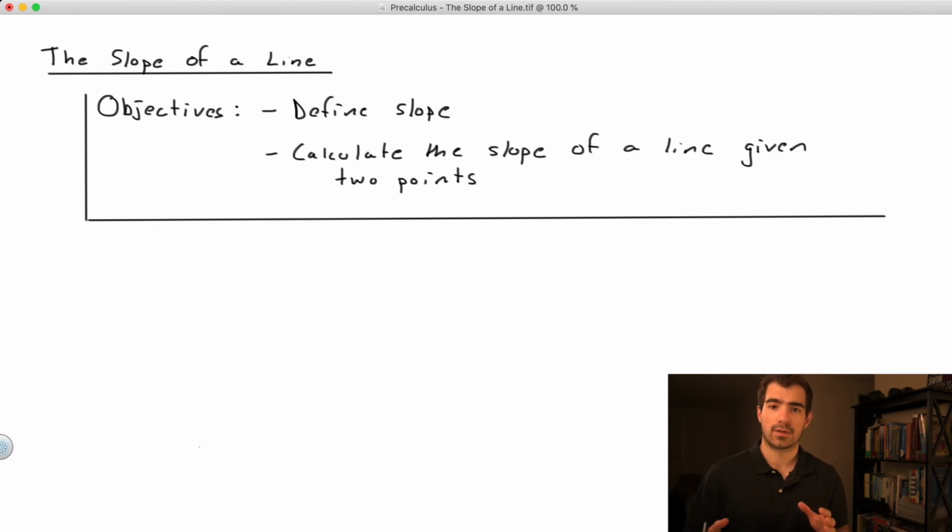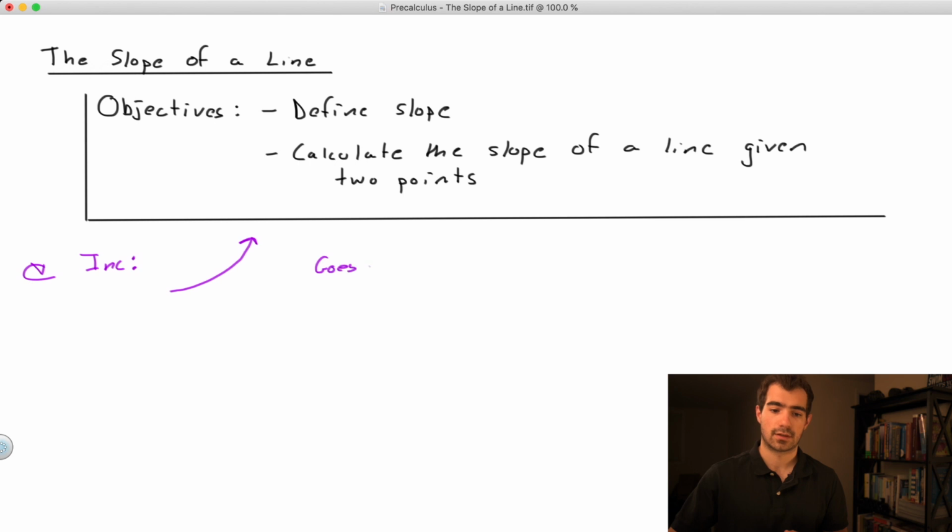In our last video, we discussed how we can see on a graph how a function is changing and describe that by being increasing, decreasing, or constant. We said that an increasing function is one that goes up as we move from left to right.